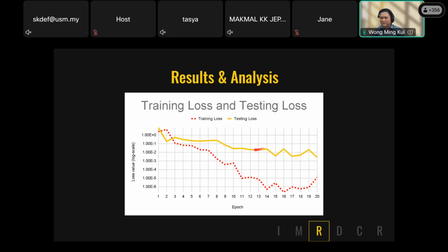At this level, this is roughly 95% accuracy, and this is about 99% accuracy. So the model accuracy is roughly between 95 and 99% during the training phase.